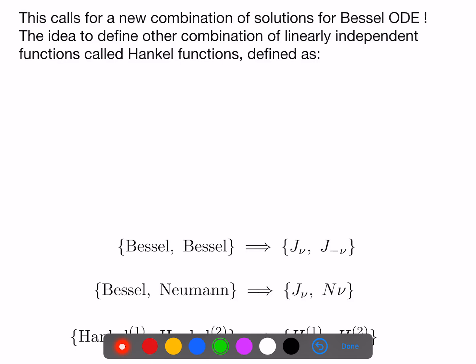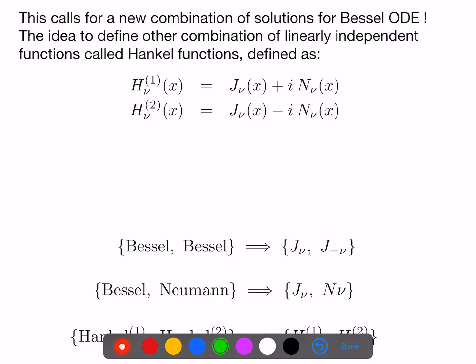This gives us a new idea to produce another combination of Bessel function, which is called the Hankel function. It's very similar to where we define the sine and cos or exponential function, because sometimes sine and cos are useful, sometimes exponential functions are useful.